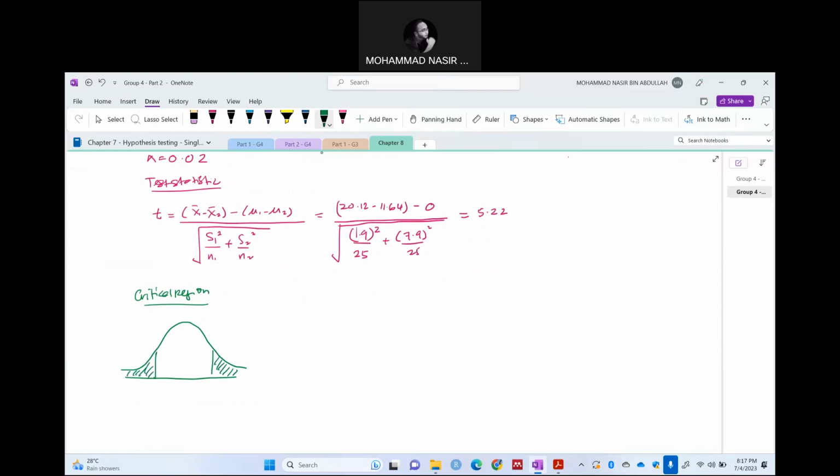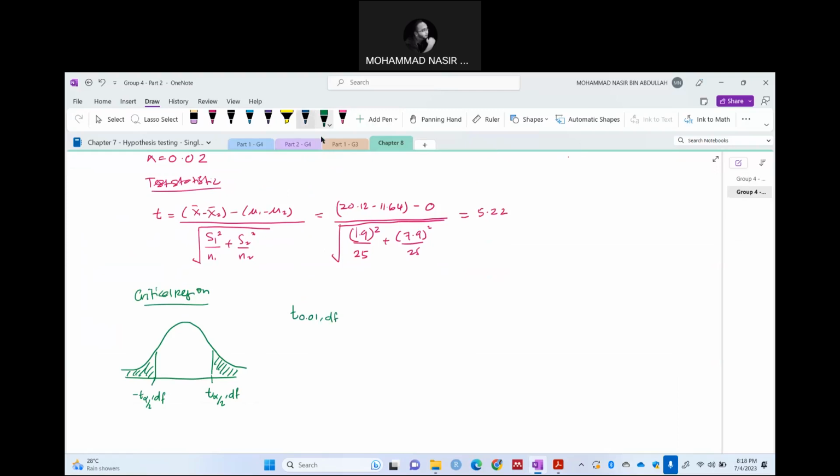The critical values are t alpha divided by 2 with degrees of freedom, and negative t alpha divided by 2 with degrees of freedom. Alpha is 0.02, divided by 2 gives 0.01.